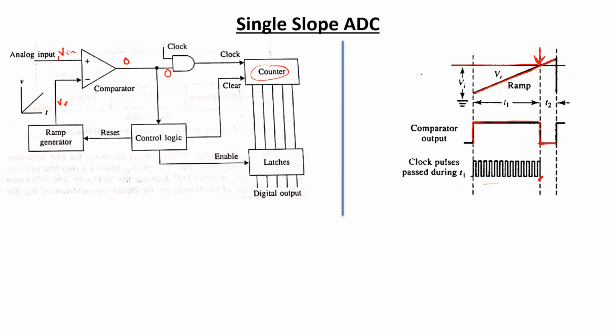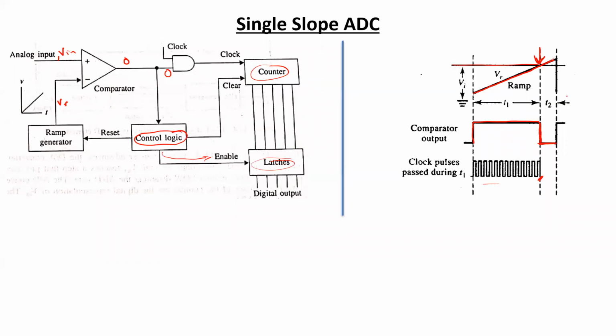So when the control logic circuit detects that there has been a transition from high to low, the control logic circuit sends an enable signal to the latches, which are used to temporarily store the counted value before another count is completed for another set of input voltage.